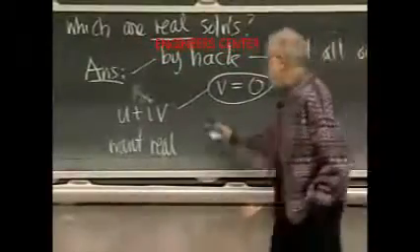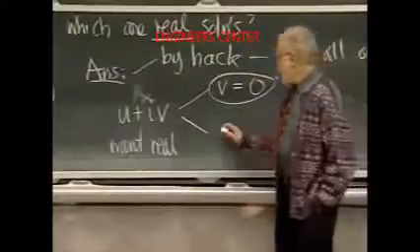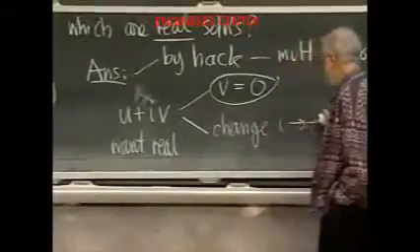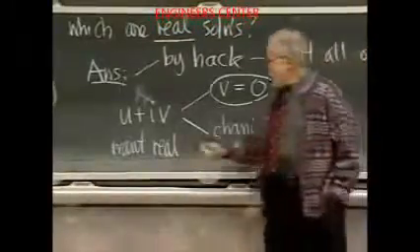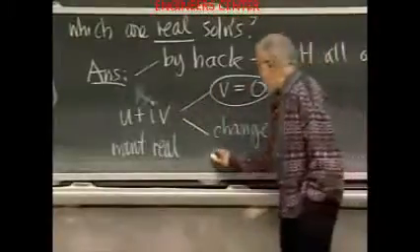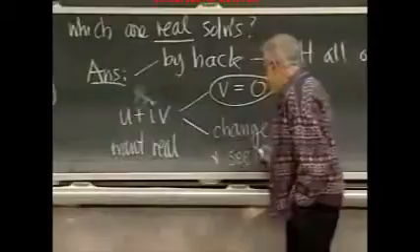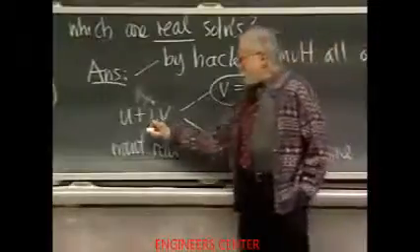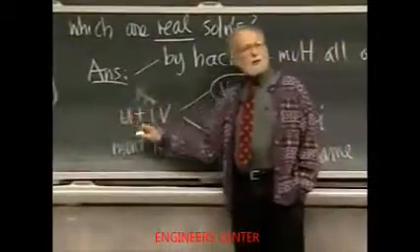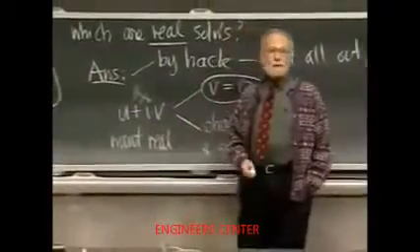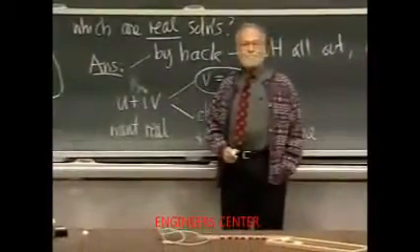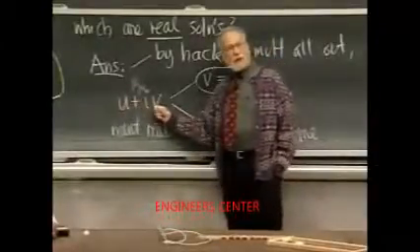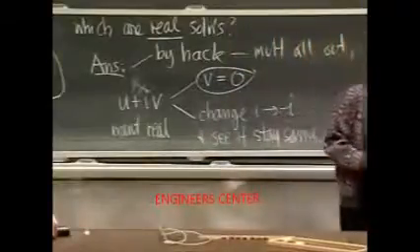There's a slightly more subtle method, which is to change i to minus i and see if it stays the same. Because if I change i to minus i, and it turns out the expression doesn't change, then it must have been real. See that? v must have been 0 if this expression doesn't change when I change i to minus i.